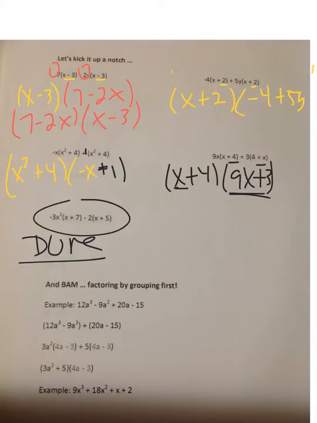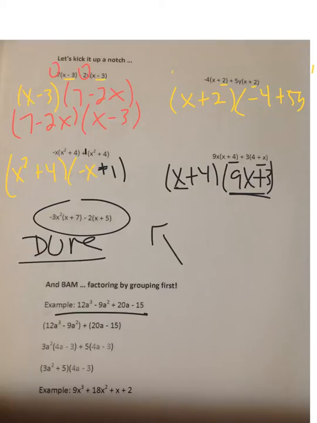So now here, this is factoring by grouping first. So I have a polynomial here, 12a cubed minus 9a squared plus 20a minus 15. And what I'm going to do is I'm going to group them so I can make them look like these up here.